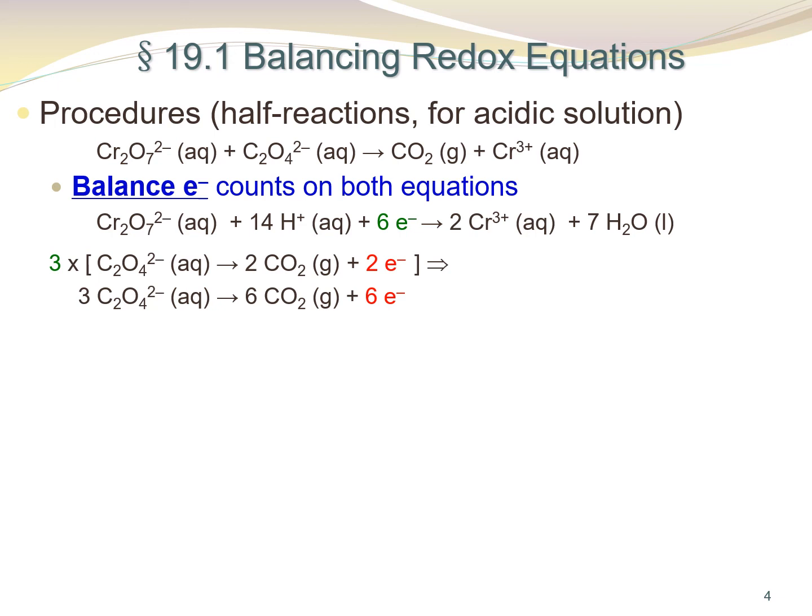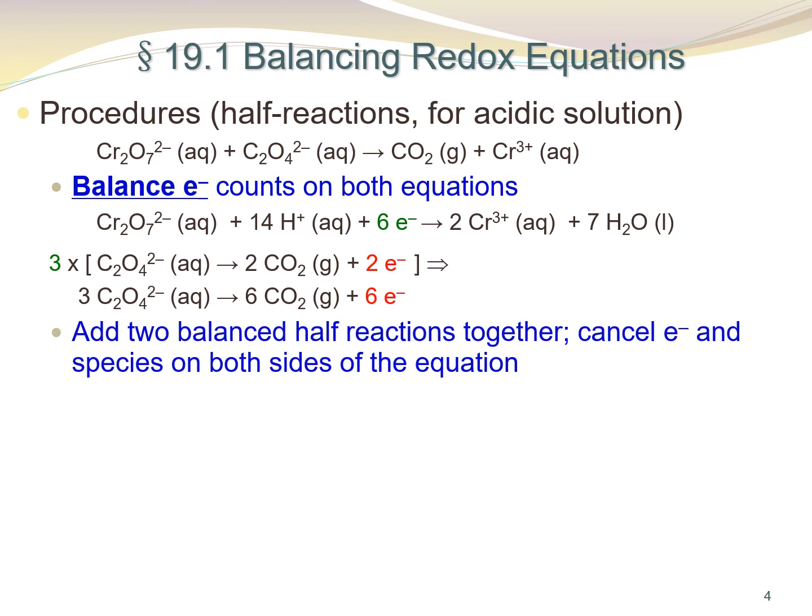Remember, those electrons are on the opposite sides. So when we add up these two half reactions together, the number of electrons should be canceled. Then we can do the rest to have this balanced redox reaction done.